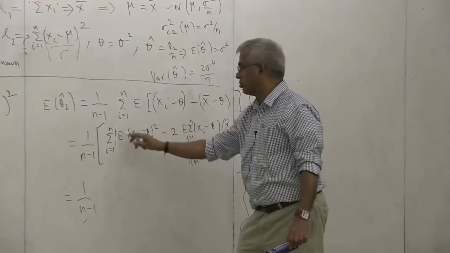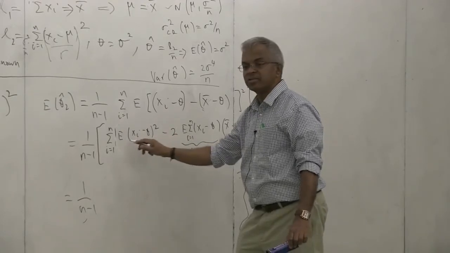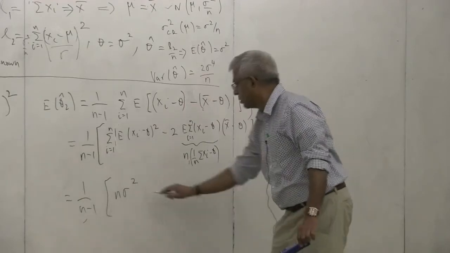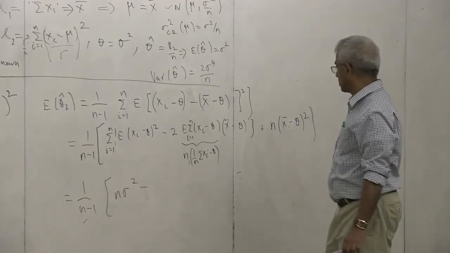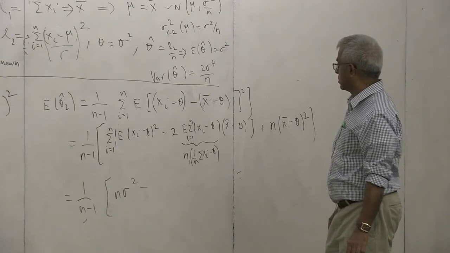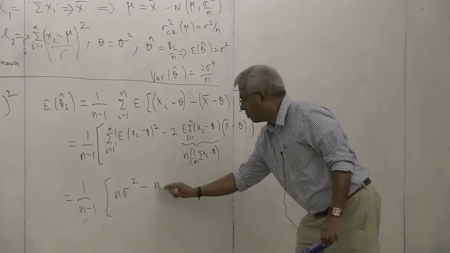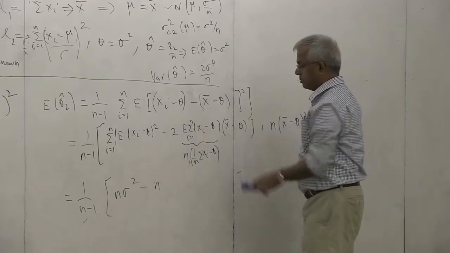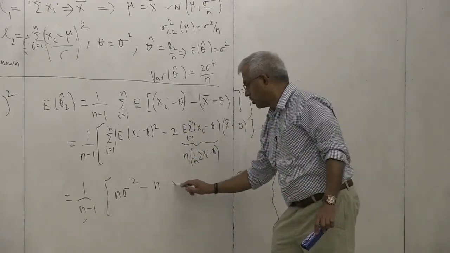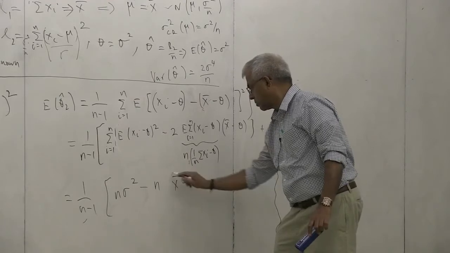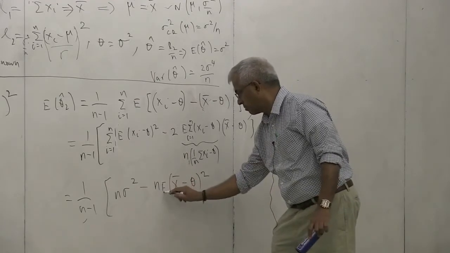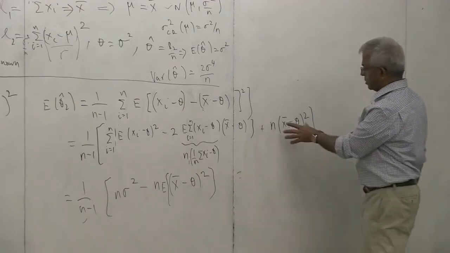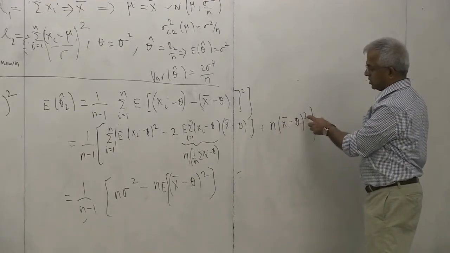This, of course, you should be able to answer. Each of these is the variance, sigma squared, right? So you get n sigma squared minus 2n xi, so n times the expected value of (x bar minus theta) the whole squared, right?